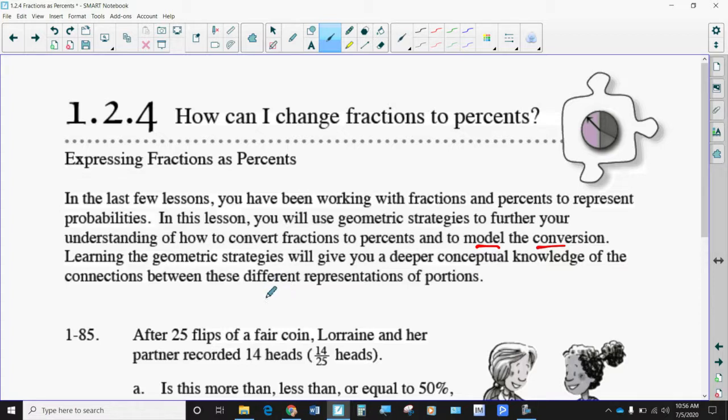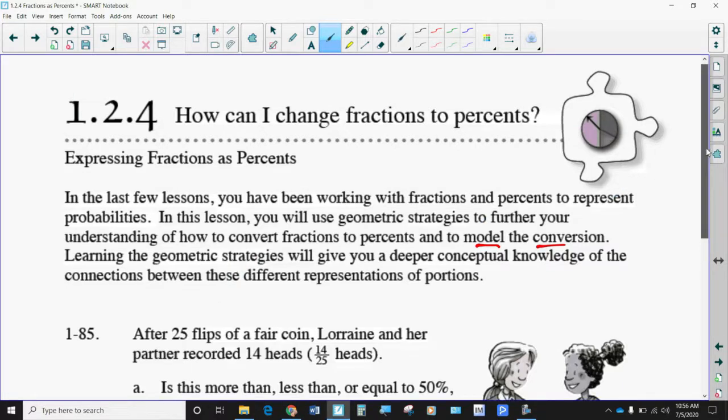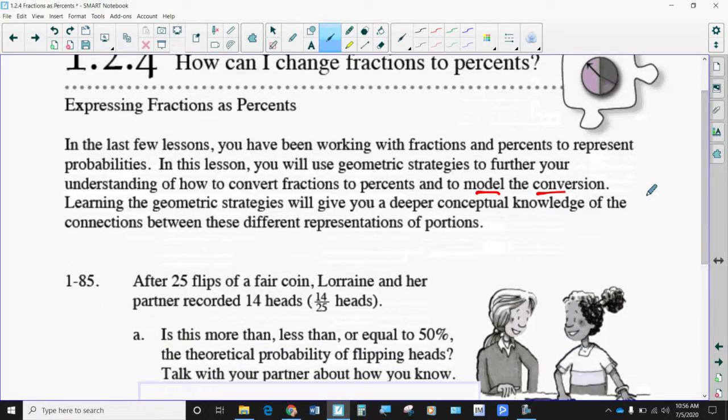A lot of you are visual learners where just reading a paragraph, you may not remember everything you've read, but if you see a picture, sometimes you can remember what the picture looks like, but you can't necessarily remember all the words in a paragraph. Different people learn different ways. CPM and this math program try to touch on as many different learning styles as possible to help you understand the concepts and learn the math.